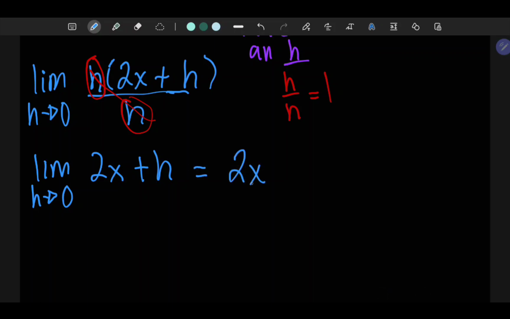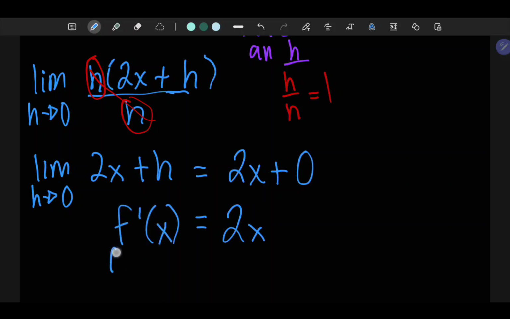Once you directly substitute in your value from your limit, the limit goes away. 2x plus 0 simplifies to just 2x. And this is your f prime of x, or what you would also call your first derivative.